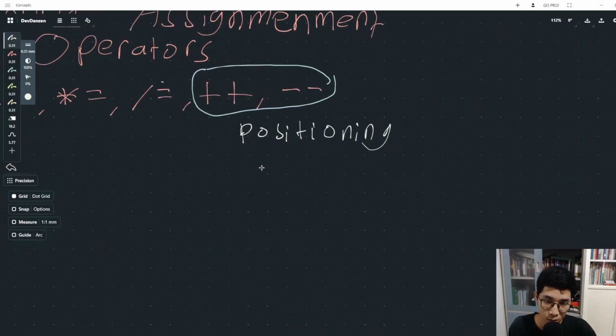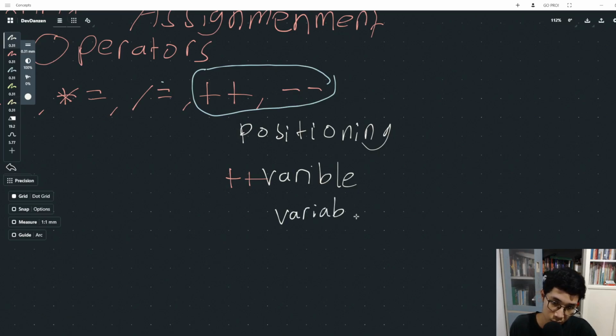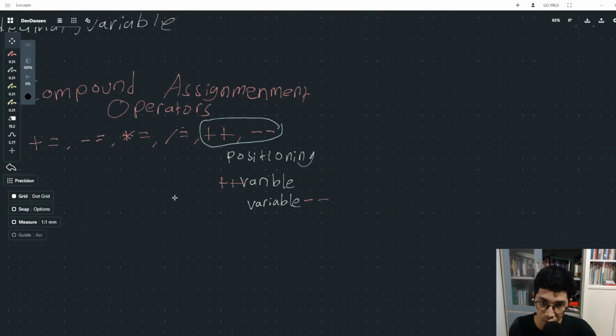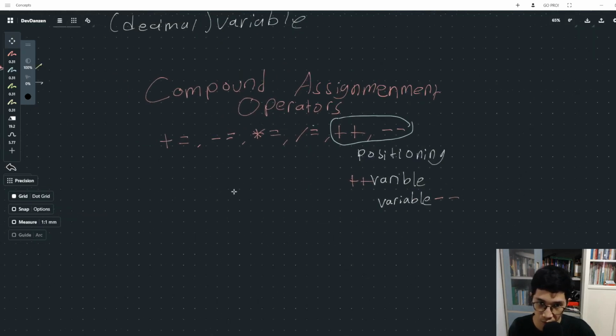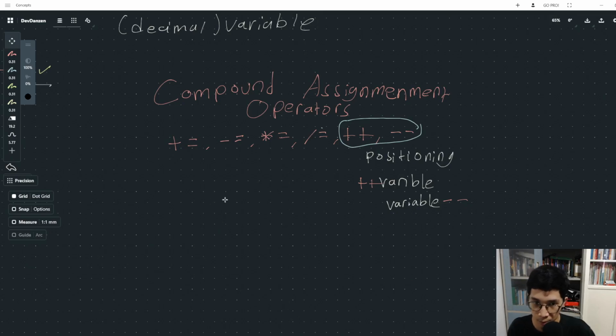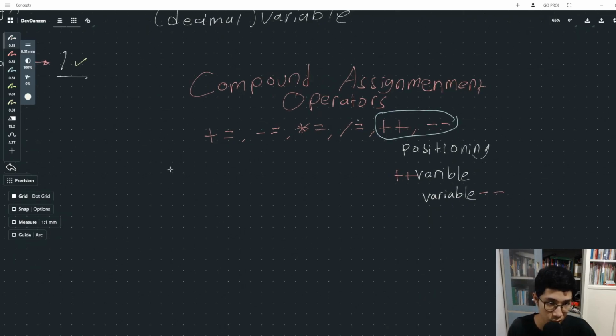Whether the increment is right before the variable here or here. The same applies to decrement. So that's it. I don't need to give you an example anymore. You can just go back in the video and see some examples there. I just want to quickly summarize this.